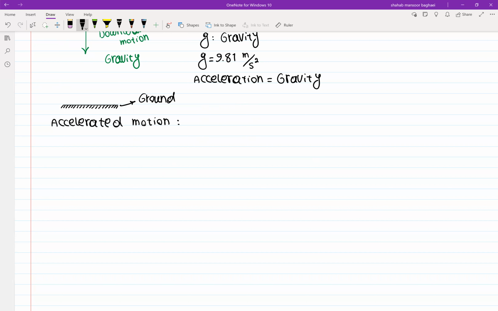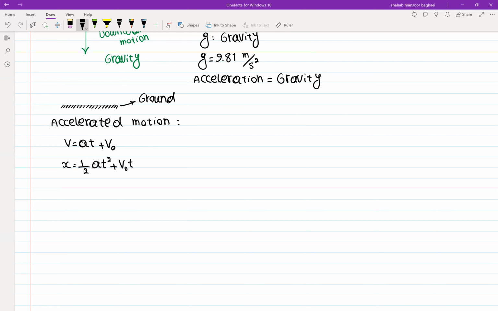And I proved 3 equations for accelerated motion, if you recall. The first equation is velocity: v equals at plus v0. Then x equals half at squared plus v0t.